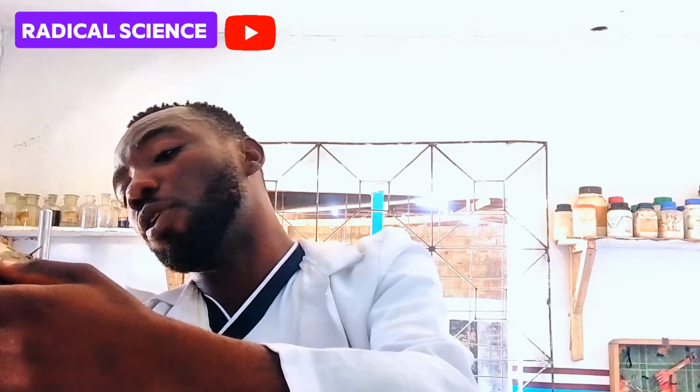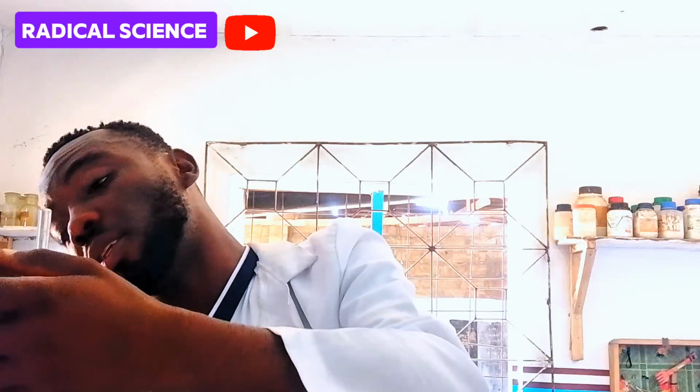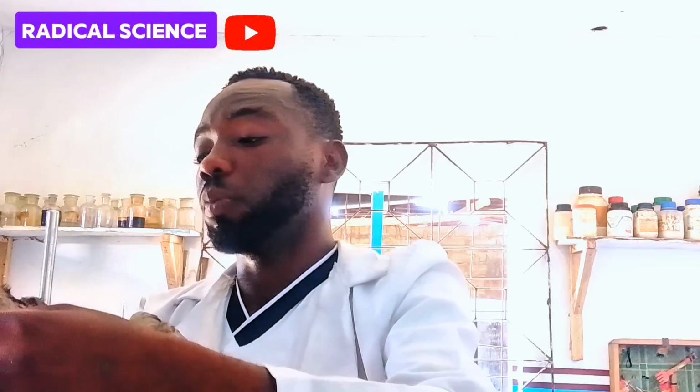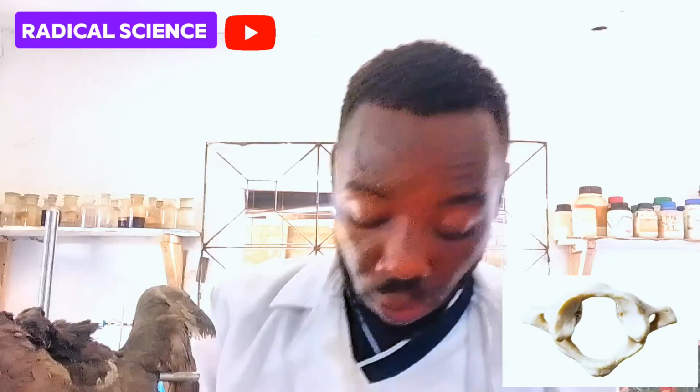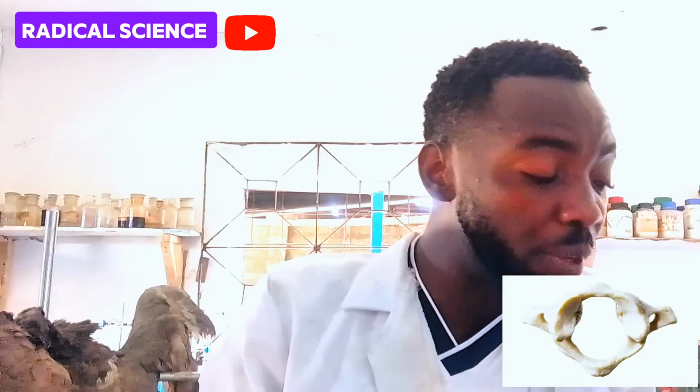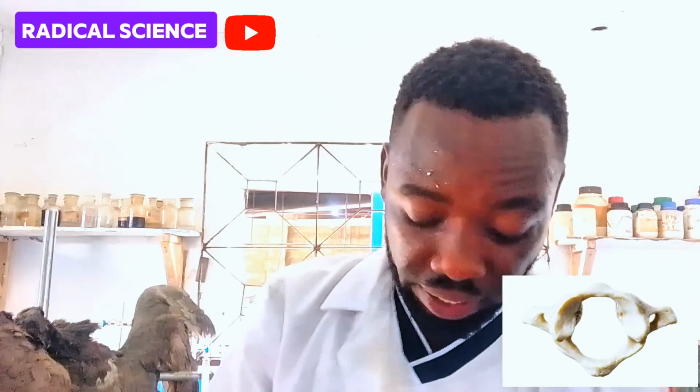So now let's take a look at another specimen. Please let me hang this so it doesn't fall off. Okay, so having done that, now let's take a look at the next specimen, which is specimen G. The specimen G here is the atlas.